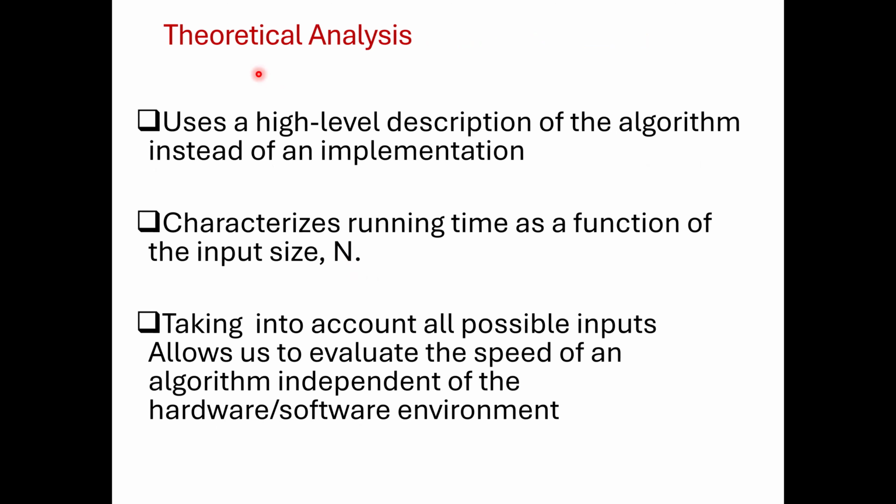Instead of executing the code on the computer and testing the amount of time, we simply do a theoretical analysis. Now, what happens, or what is a theoretical analysis? What happens during the theoretical analysis? Now, during the theoretical analysis, we eliminate all the hardware and software factors that can influence the running time. So we want to eliminate processor time and speed and compiler type and operating system.